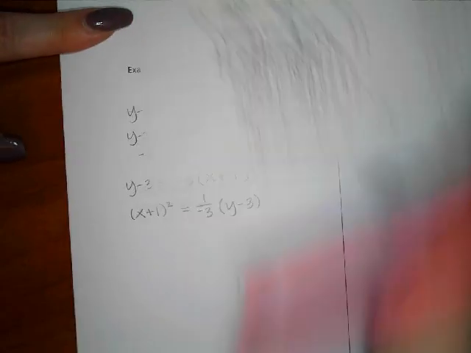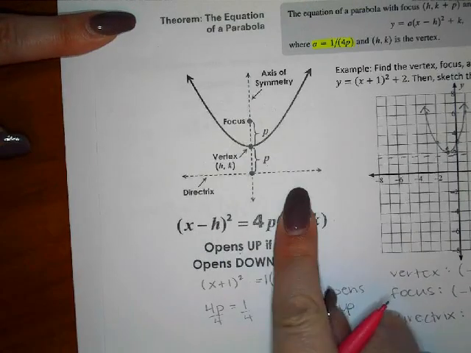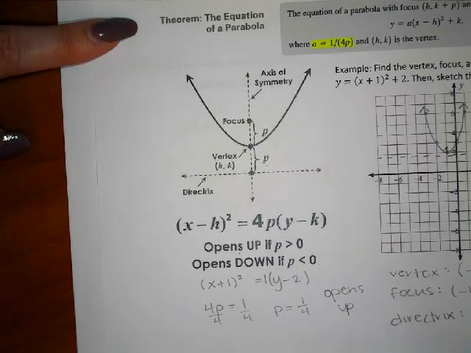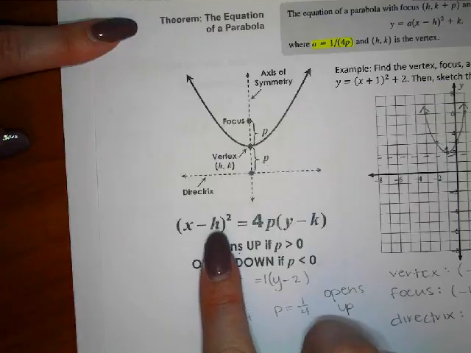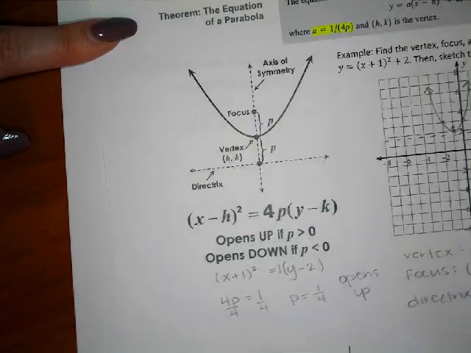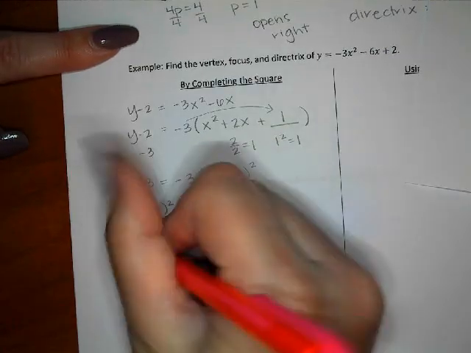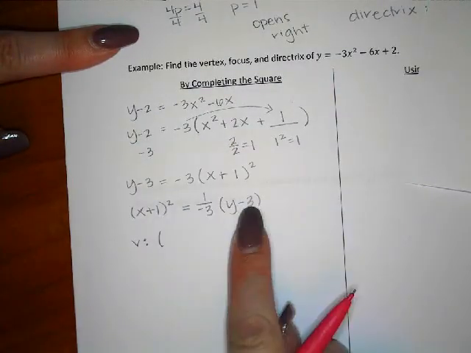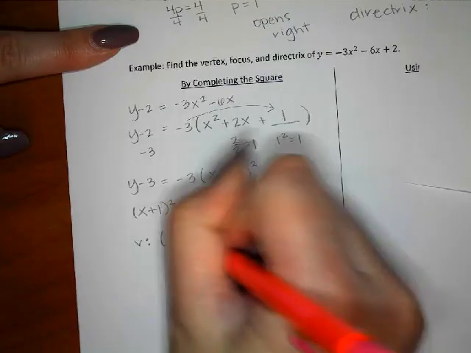They want the vertex, the focus, and the directrix. My vertex is just going to be (h, k). So the vertex is -1, +3. Oh, I wrote -3, but I meant to write -5.